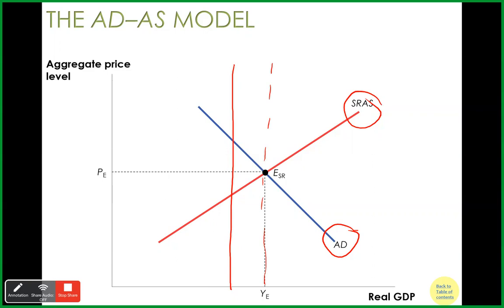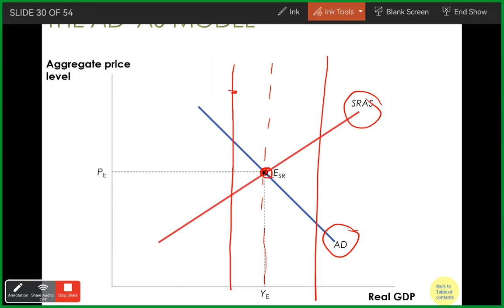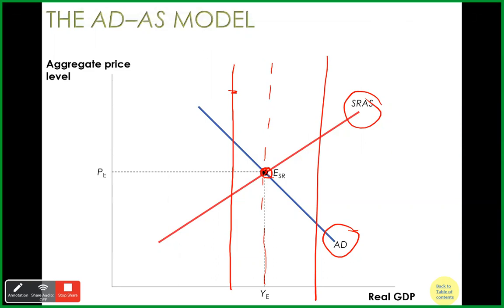Sometimes we are here, or I should say more precisely, sometimes this equilibrium is on the right-hand side of the long run aggregate supply, or sometimes it is on the left-hand side. Then we need to understand what brought us to those different positions. To be precise, let me write different ones.